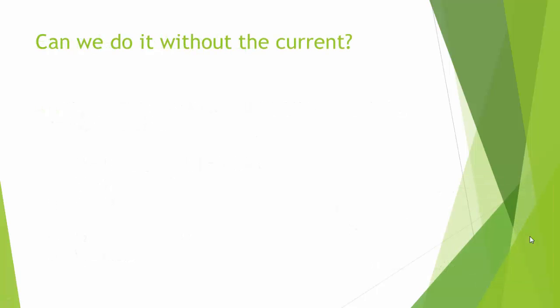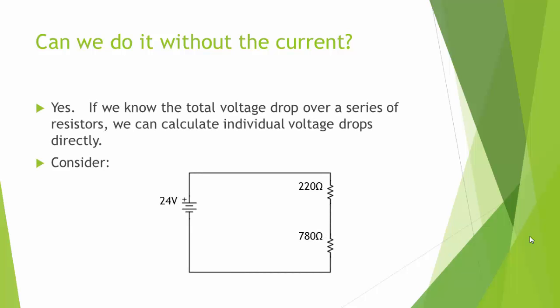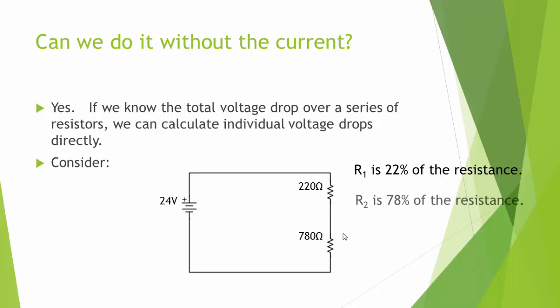Now, you might ask yourself, wait, can we do this without knowing the current through the circuit? And the answer is absolutely, based on that concept we talked about previously. Let's consider this circuit here with a 220 ohm resistor followed by a 780 ohm resistor. We can simply, based on the overall voltage drop, use percentages. R1 is 22% of the 1000 ohm resistance.